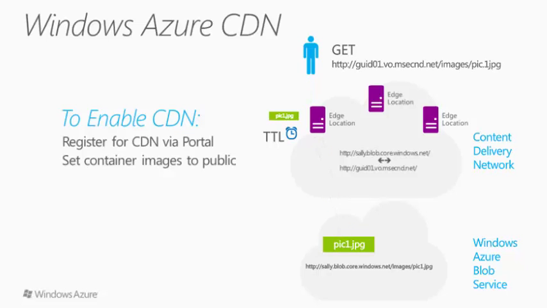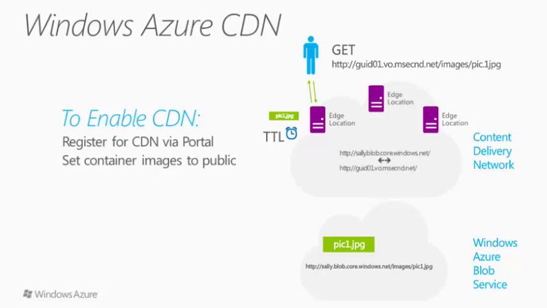Let's say that a second user also requests this file. If our TTL is not expired yet, we will return this file back to this user without calling our main location.